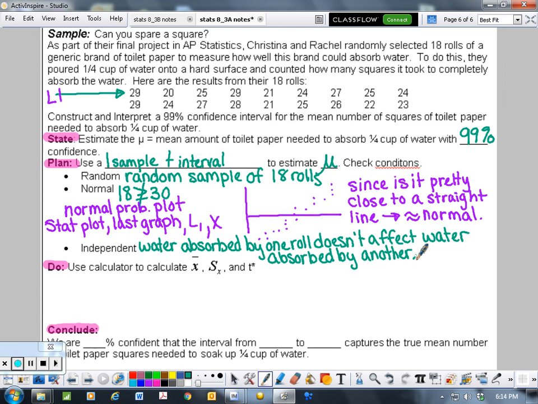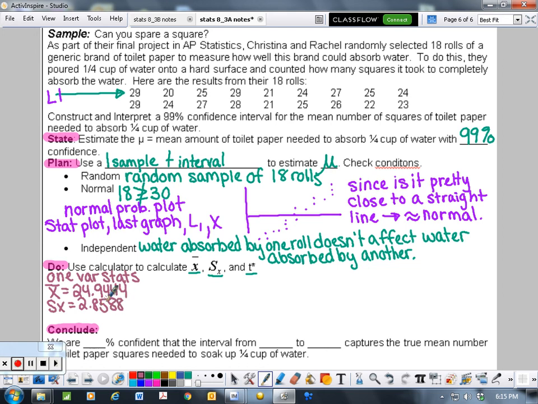Now we're going to use our calculator to calculate x bar, sx, and t star. To calculate x bar and sx, we need to do a one variable stats. So we go back to our calculator, hit stat, go over to calculate, and do one variable stats, and we find that our x bar is 24.9444. We find our standard deviation is 2.8588.